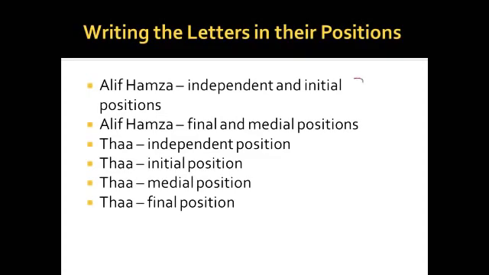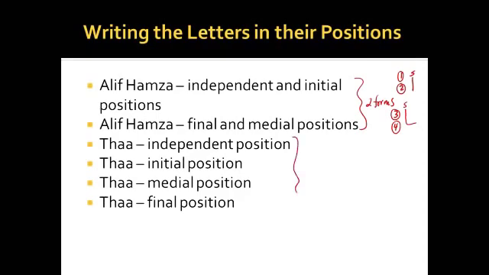So the alif hamza here, it has two forms out of the four positions, and it looks like this. An alif, and then we just write the hamza on top, that squiggly line on top. And this is positions 1 and 2, independent and initial positions. And then the other form here is connecting and comes up and looks like that. And it's the third, the medial, and the fourth, final positions.